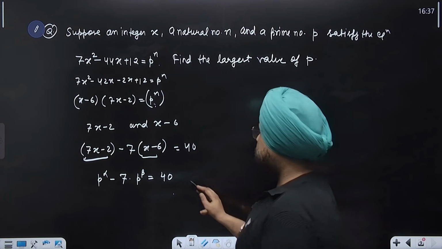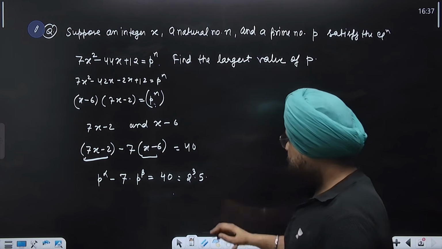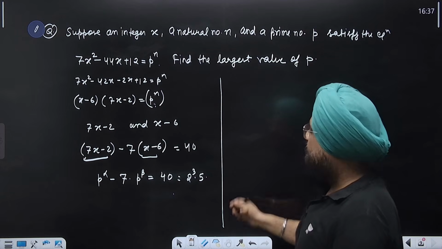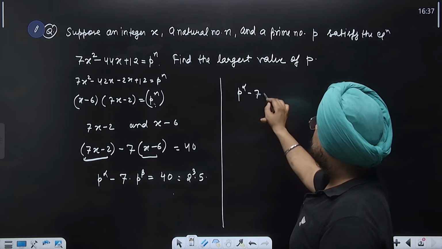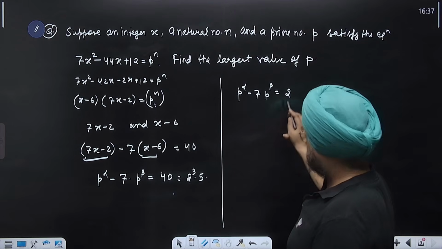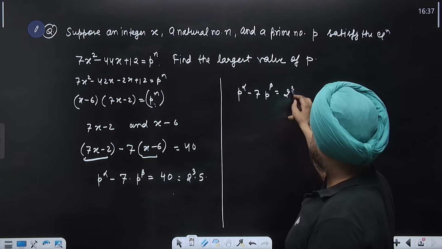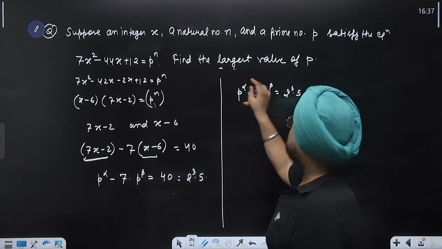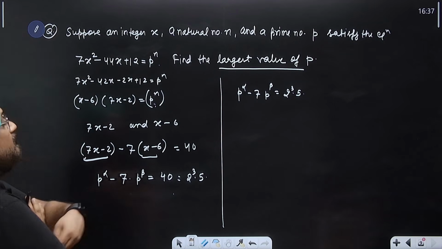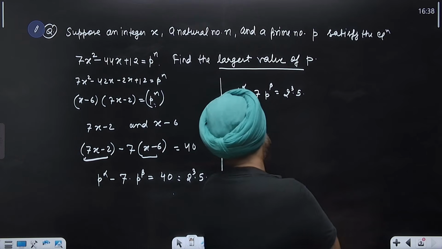The prime factors of 40 are 2 and 5. So now from this we need to find the largest value of p, and we have to find the alpha and beta satisfying this equation.